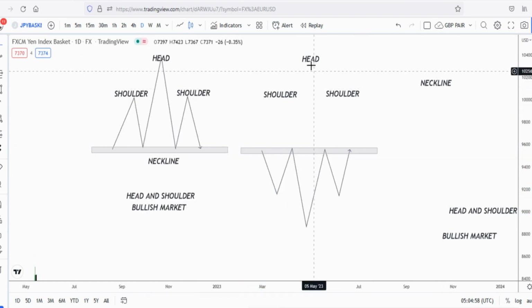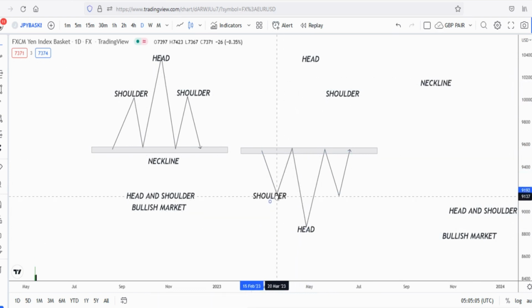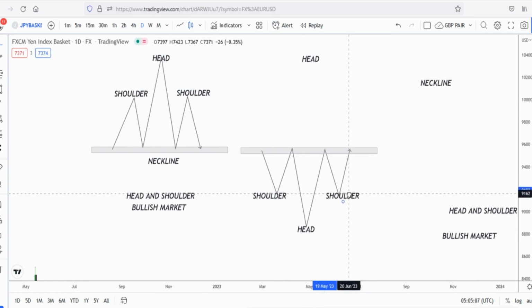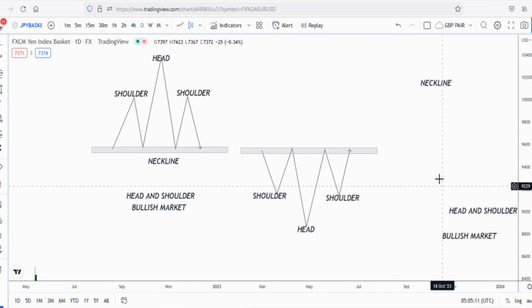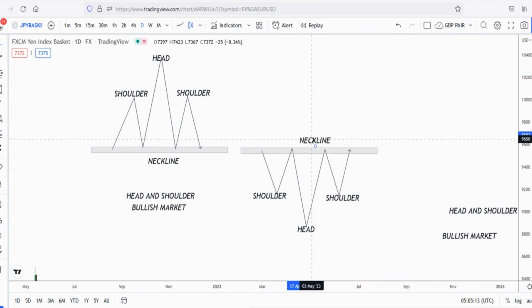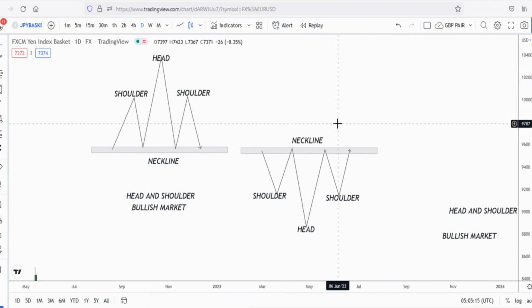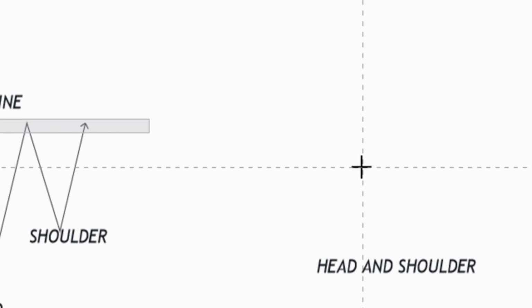So you have this head, you have this shoulder, you have this shoulder, and of course we have the neckline. The neckline is a common attribute among all the chart patterns.